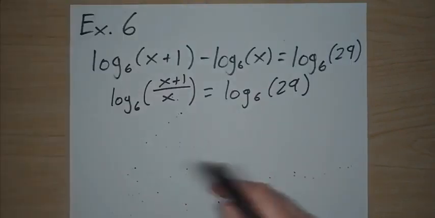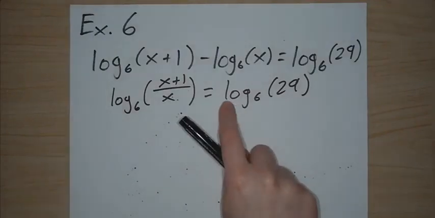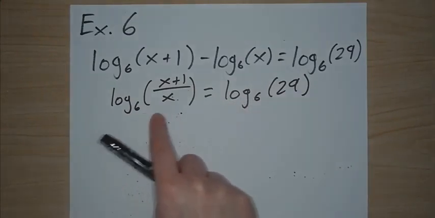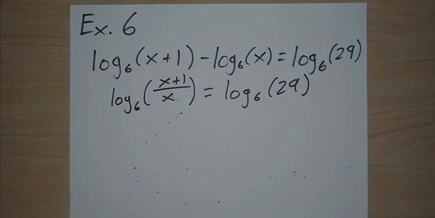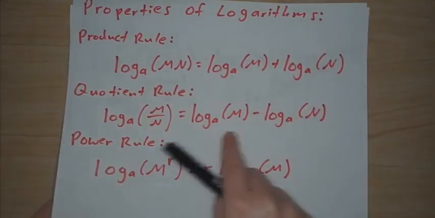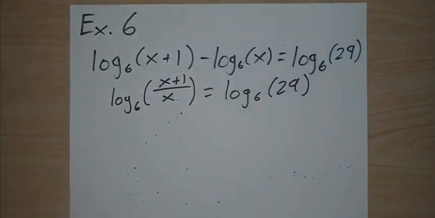So it would just be x plus 1 over x is equal to 29. Or we could use the quotient rule: subtract this log from this one and set it equal to 0, then use the quotient rule to rewrite it as a fraction and take it to exponential form, if we didn't know that one.